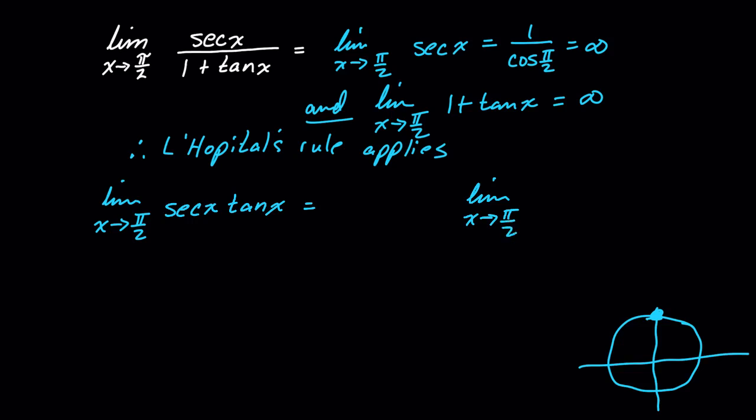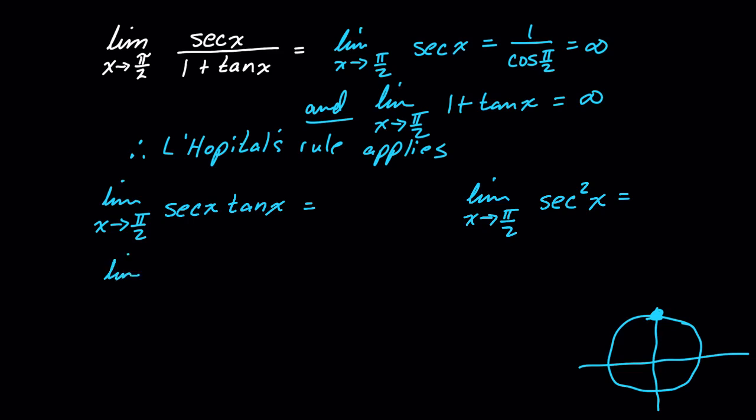Well, the derivative of the denominator is just the derivative of tangent, which is secant squared of x. All right, well, let's think about this for a second, because we can do a little simplifying here to make things a little bit easier.